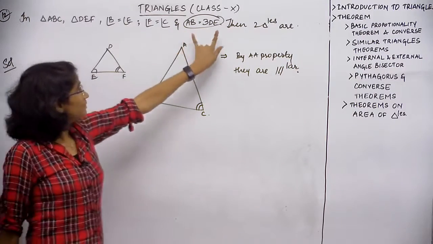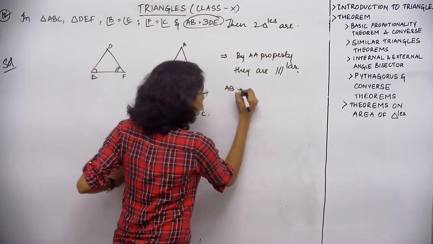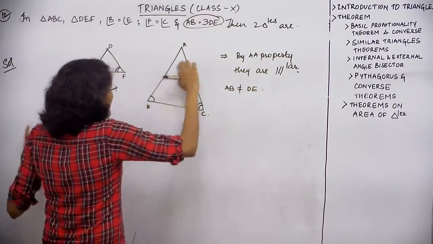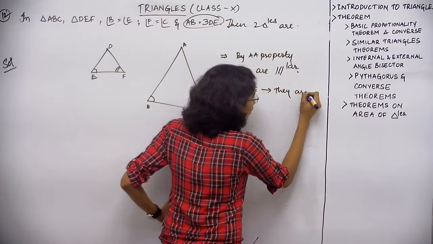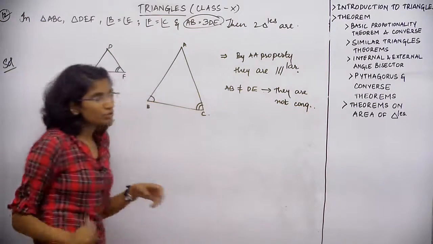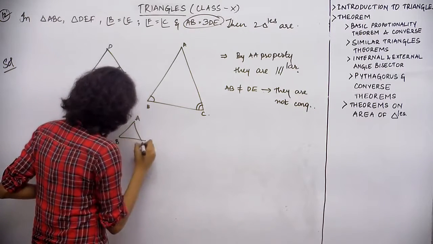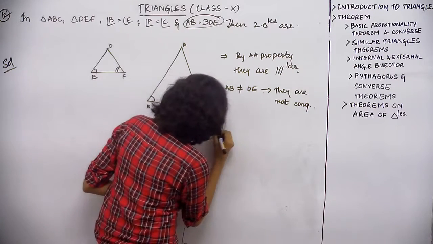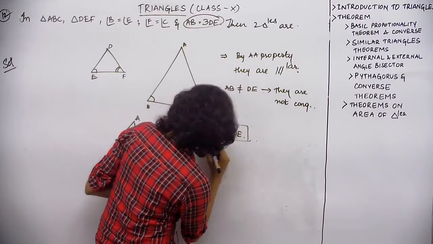But we are given AB is equal to thrice of DE, which means that AB is not equal to DE. If each side of these triangles is not equal, then they are not congruent, right? Because for two triangles to be congruent, it is a necessary condition that AB is equal to DE and the same holds for the other sides.